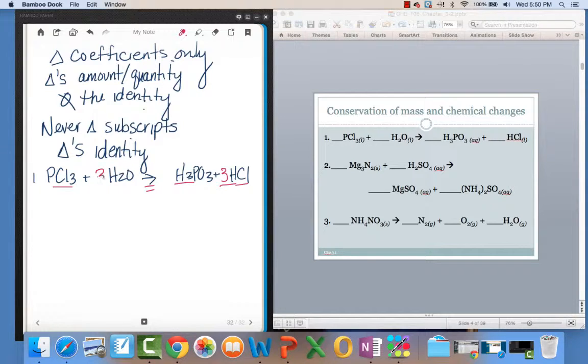So if I put a 3 here, that will give me 6 H's, and I have 3 O's, which I have. So my equation is balanced. And you can either put a 1 here in front of these, or you can leave it blank. All right, second equation.